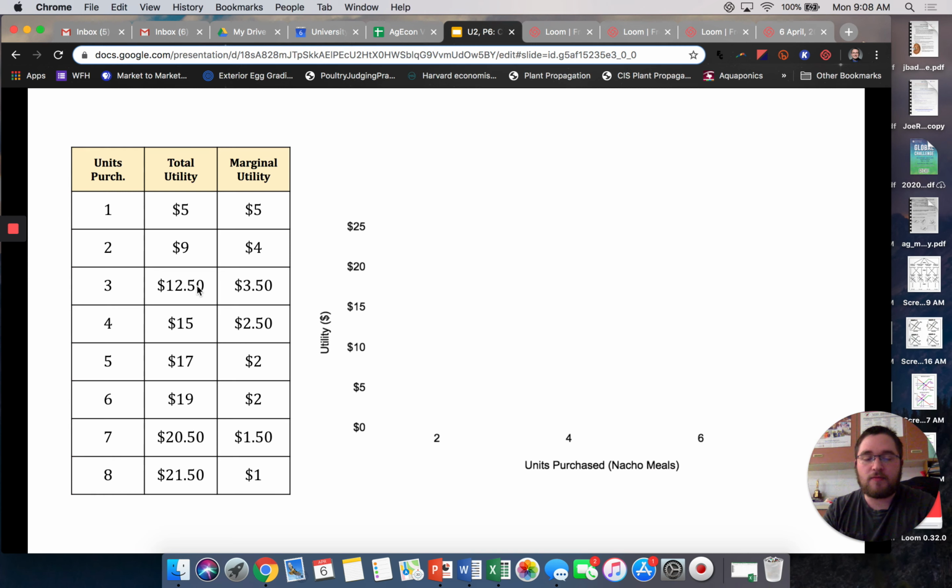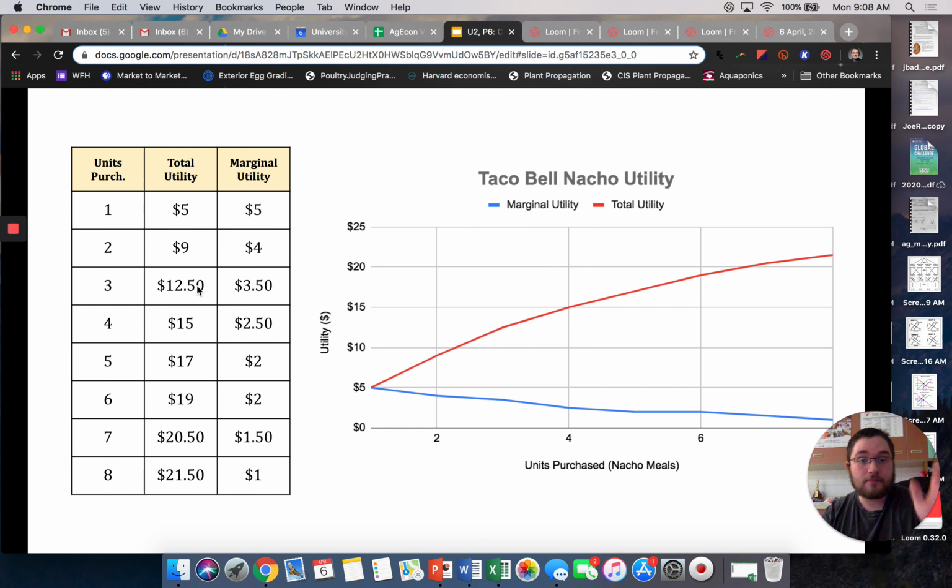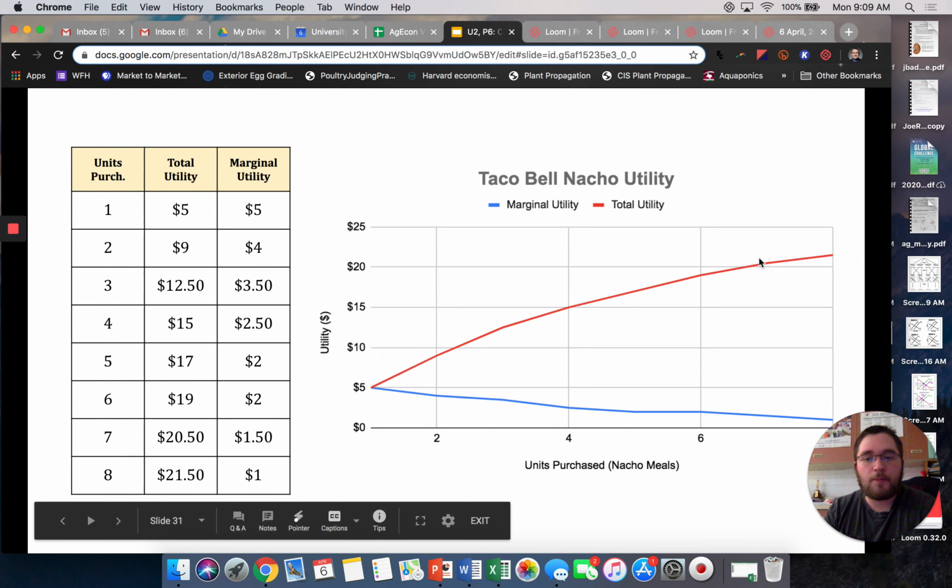When we graph it, remember our marginal utility is going to be downward sloping, just like our demand curve, and our total utility is going to be bow curved, okay? So that is what our graphs kind of look like overall. So we see that our blue line, our marginal utility, is downward sloping, our total utility is upward sloping.